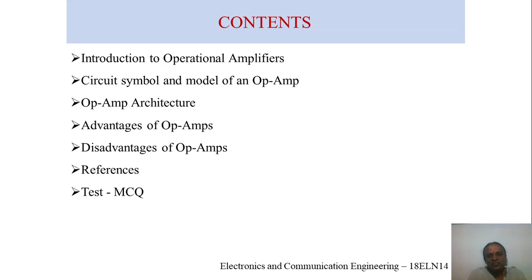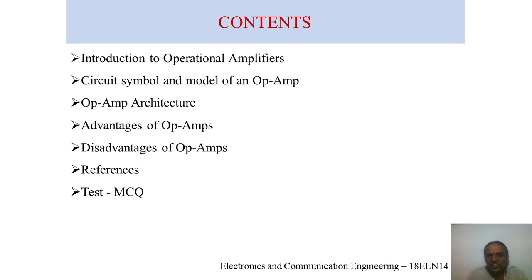So coming to module 3 session number 1, in this first session we are going to see the introduction to operational amplifier, which is shortly called op-amp, how we are going to draw it, and how we are going to see the internal IC, integrated circuit chip, and the symbol and the model of an op-amp.